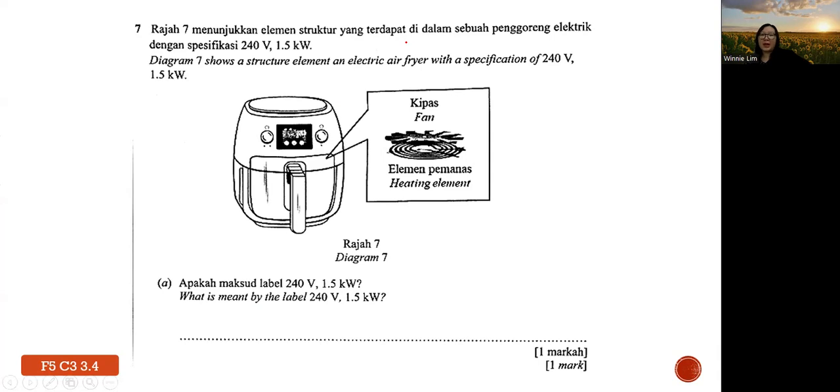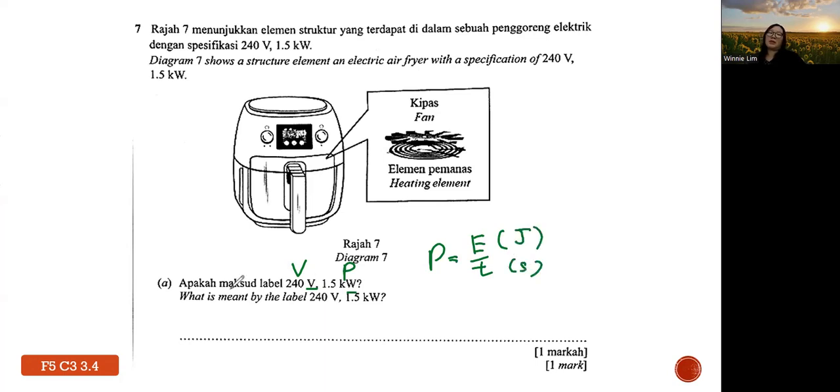As you can see, this volt is the voltage, then what is the power? I will tell students power is the rate of energy dissipated. Generally, they want you to change the idea of power to joule per second.